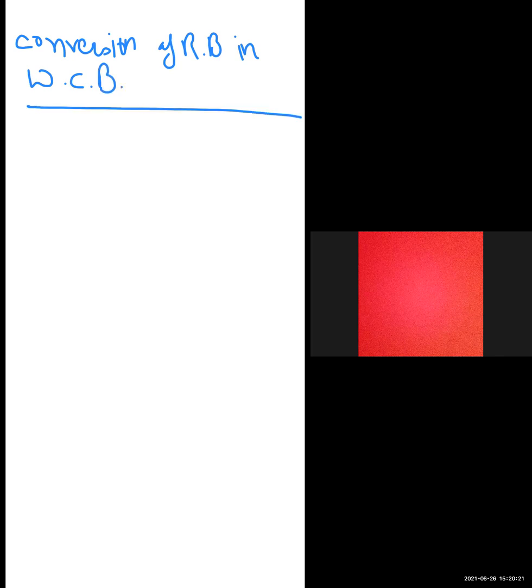So next is the conversion of RB to WCB. If RB and the quadrant are given, the rule of WCB.